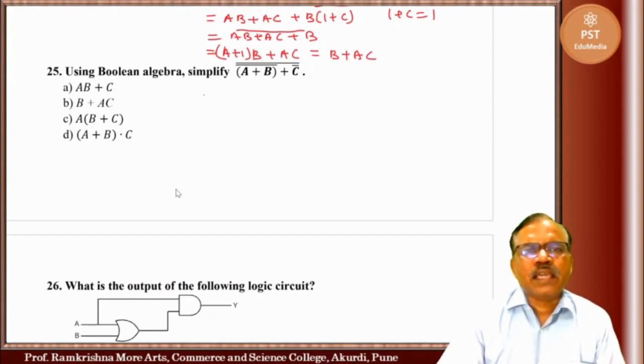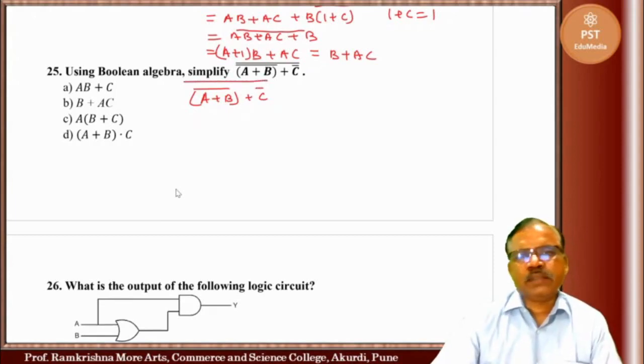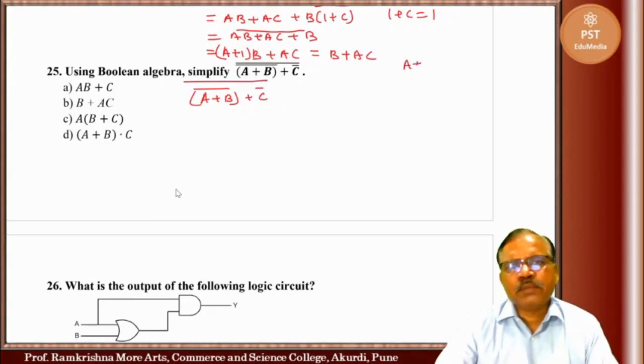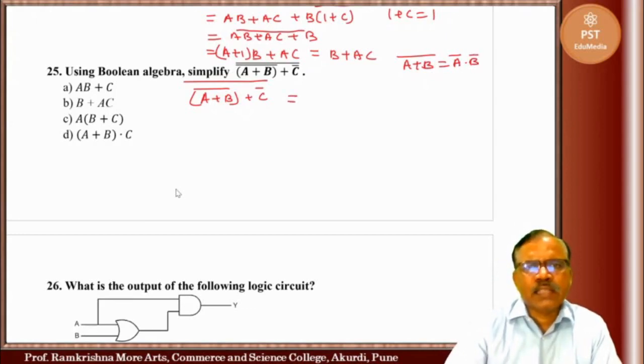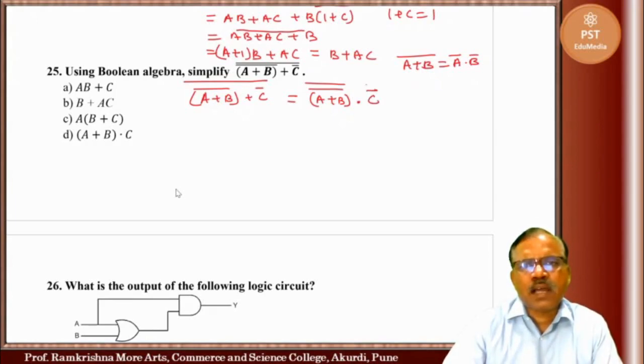Now see here, (A plus B bar plus C bar), then they whole have complement. We know A plus B bar is equal to A bar into B bar. So I can write this as (A plus B bar) dot or multiplied by C bar bar.